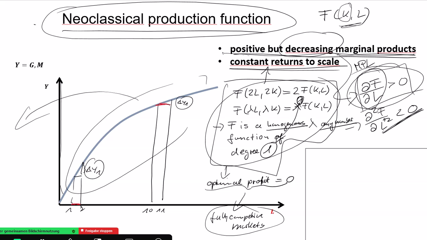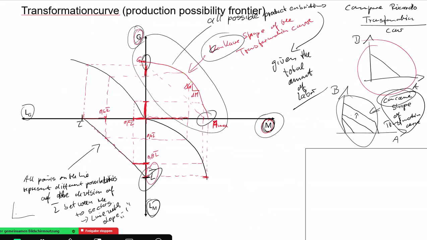From this now we derived a somewhat similar transformation curve compared to the Ricardo model in this 4-quadrant diagram, where we said this is just the possibility, this linear line with slope -1.